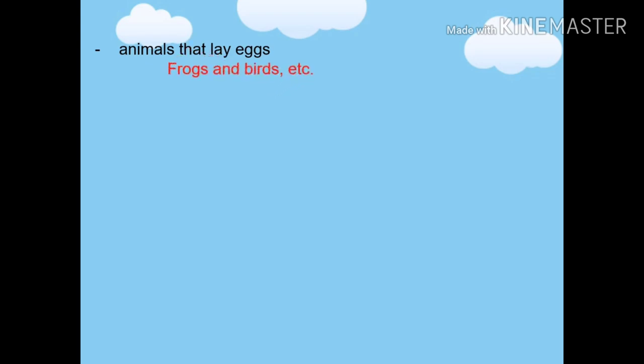Again, let's review. Animals that lay eggs, we have, yes, frogs and birds. And we also have other animals that used to lay their eggs. We have here animals that give birth to their live young.